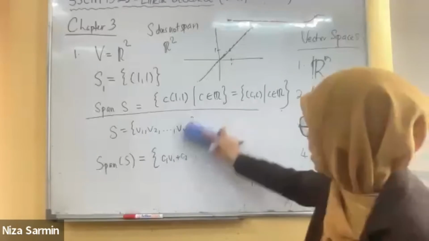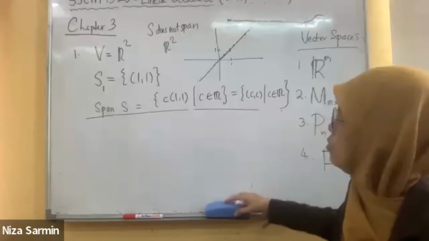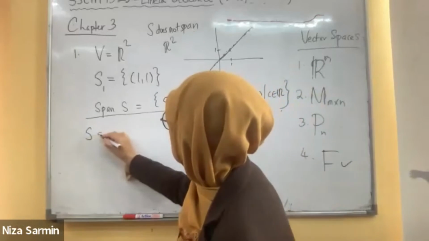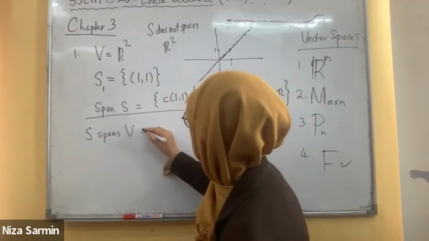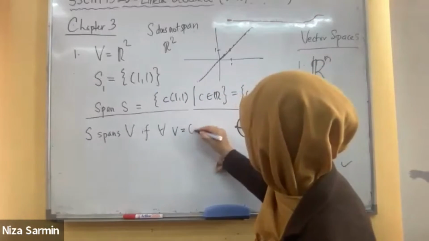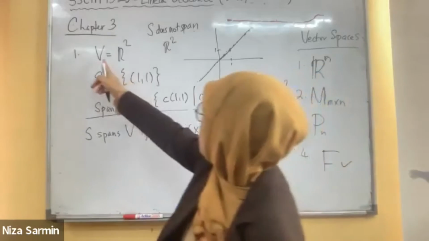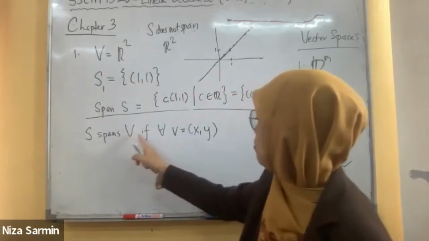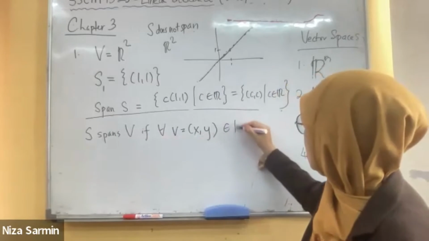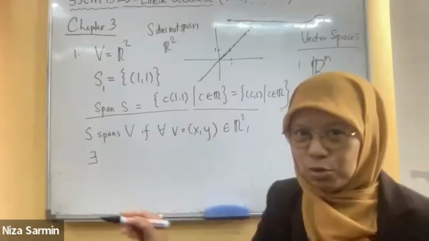Okay, another reason why I said that is from geometry. Yeah? I haven't written the whole proof. Okay, let's try and rewrite. S spans V if for all, this is the key, you have to write any vector in V in terms of S. Since V is R2, S spans V if for all (X, Y) in R2, there exists a linear combination, yeah?